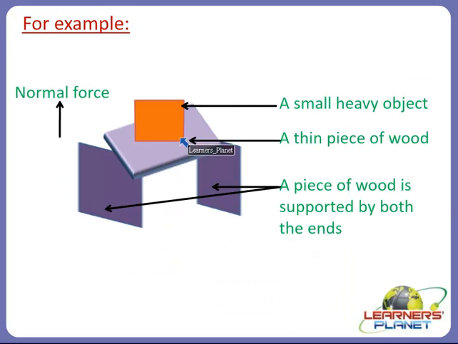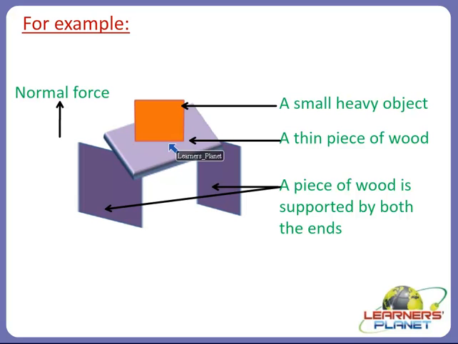For example, here is a thin piece of wood which is supported at both ends, right? And when we place a small heavy object in the center of this thin piece of wood, what happens?